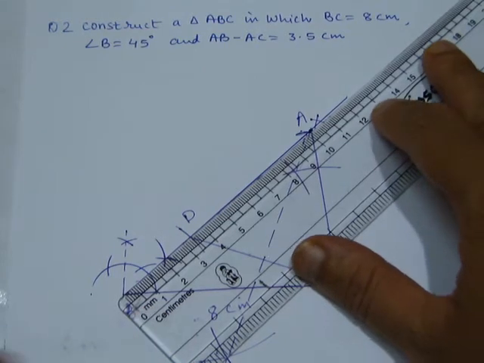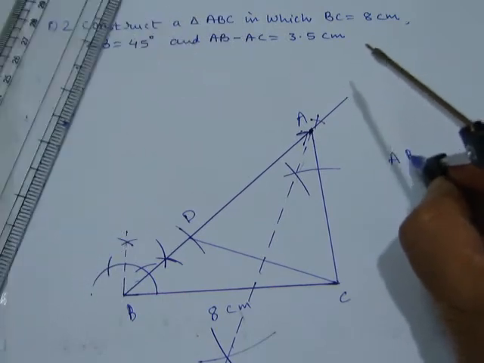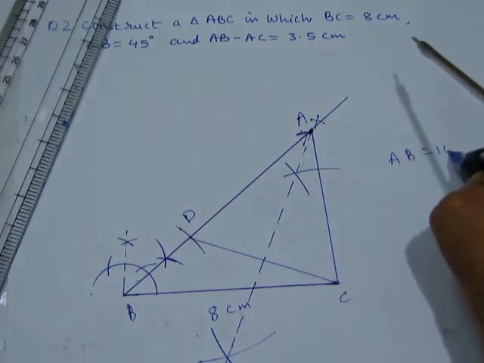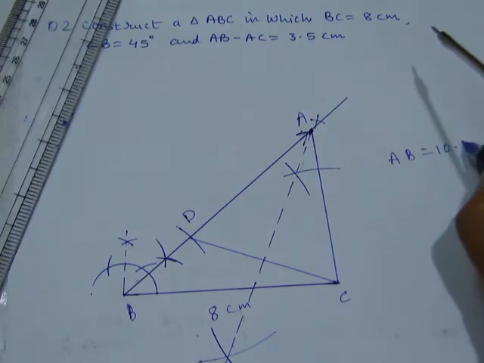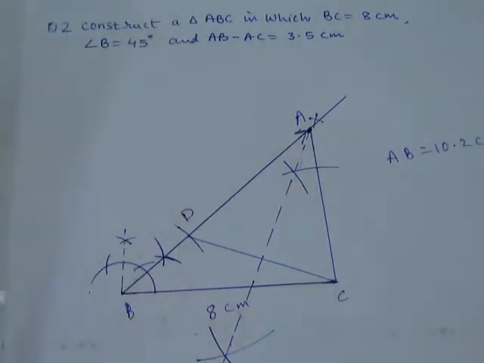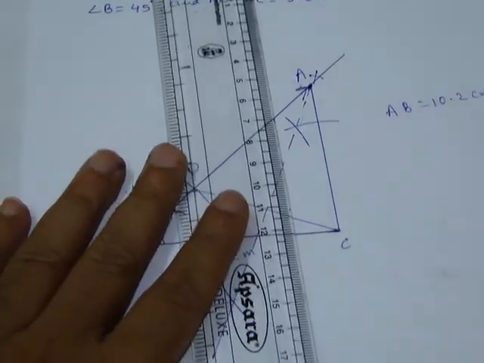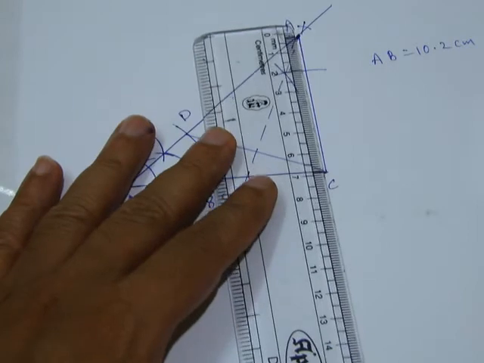10.2 centimeter. So AB is 10.2 centimeter. Now we'll measure AC. How much is AC coming?